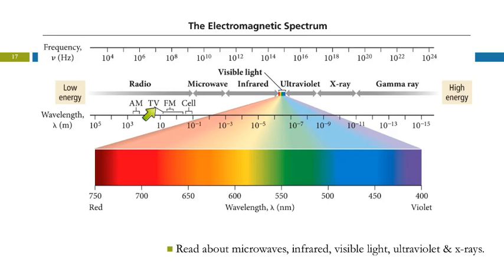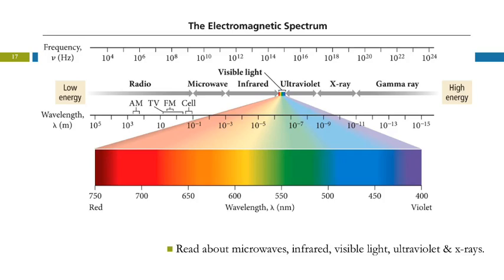One thing I want to point out to you is it can be hard to keep these types of radiation in the correct order. So use the visible light as an ordering principle. And what did we learn about the colors? How do we remember the order of the colors? Roy G. Biv, right?